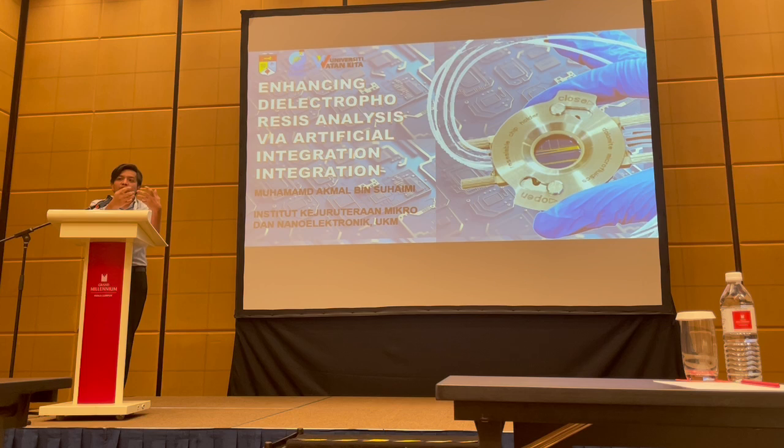All these contribute to the charges on the surface and also the charges inside the bacteria. So in the case of bacteria, it's quite different because there are charges outside the bacteria and also inside, and that affects the movement of the bacteria when affected by DEP.